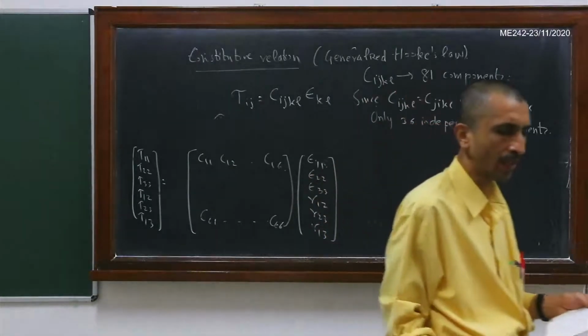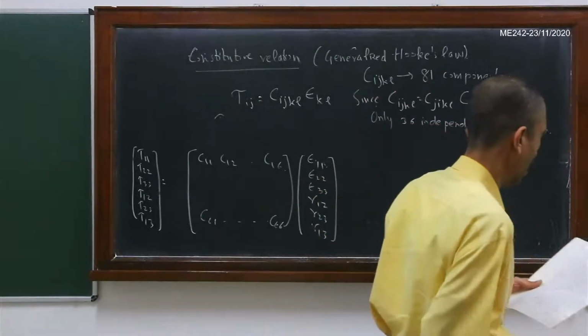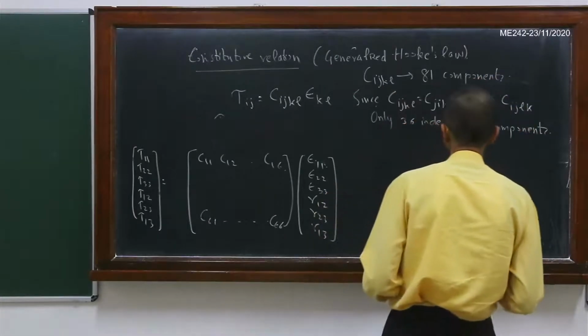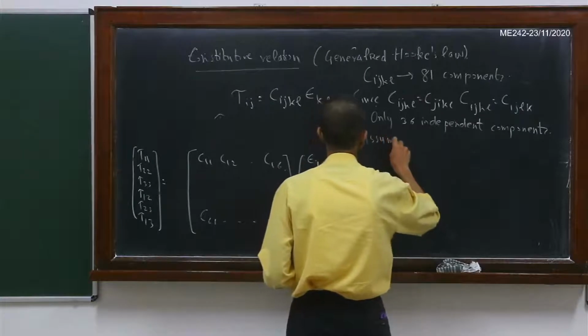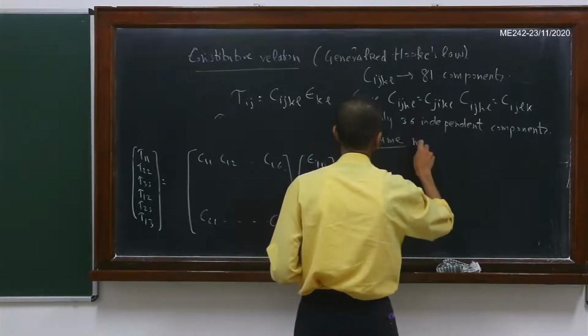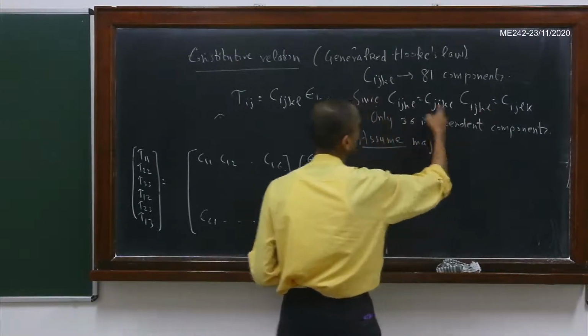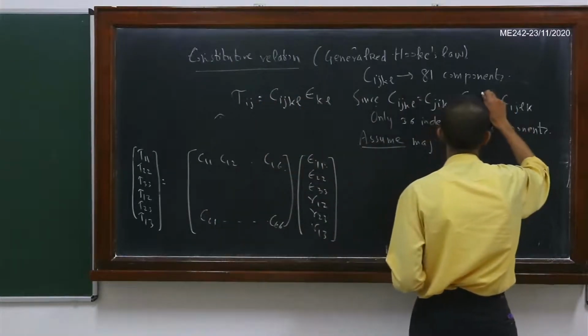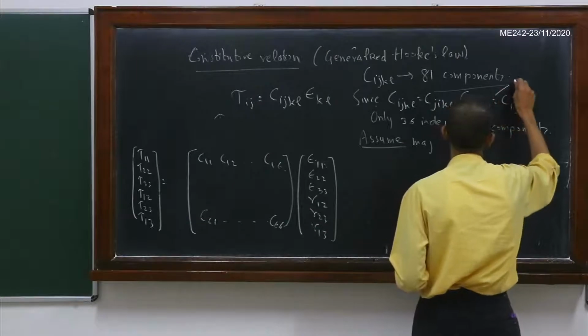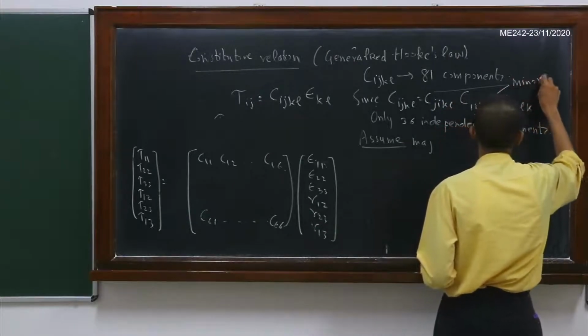And so we can make an even further reduction here. So we will assume also major symmetry. Okay. So these are what are known as minor symmetries, which we have already said.